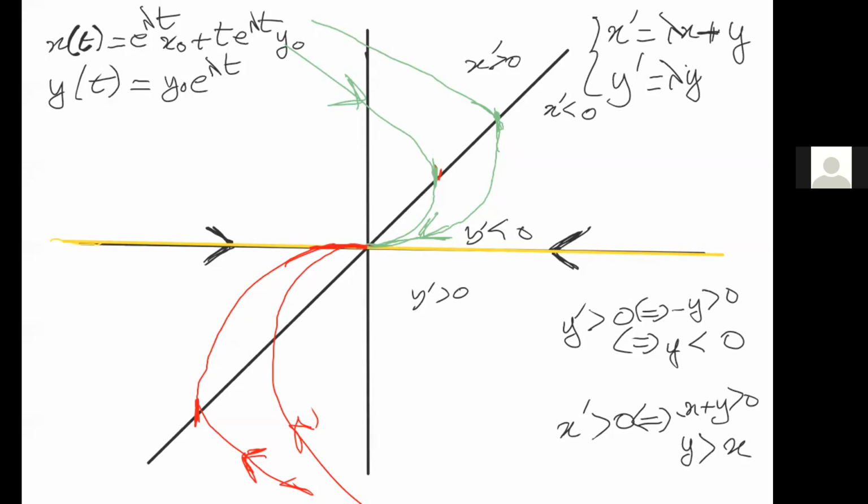So x prime equals ax. And for that, I know this is the solution for the system Y prime equals AY.